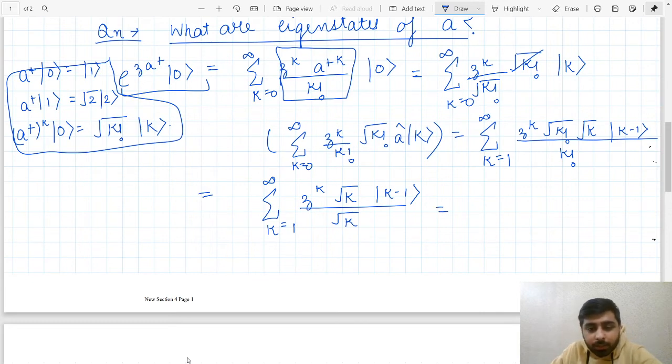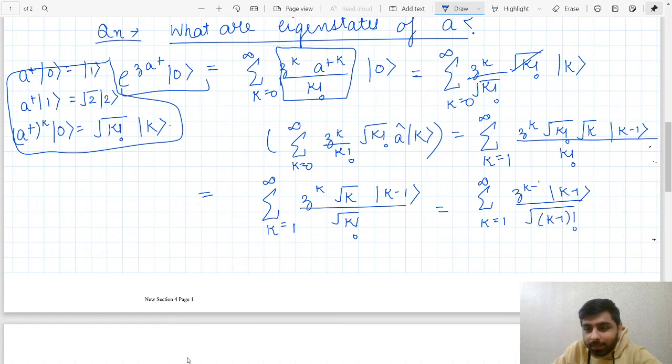Okay, so what is this? Square root of k factorial. Okay, now we do something which is sort of a cheap trick, but nevertheless it works really nicely. So k minus 1 upon square root of k minus 1 factorial.